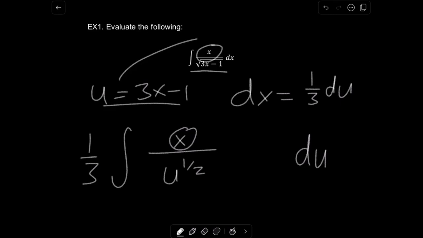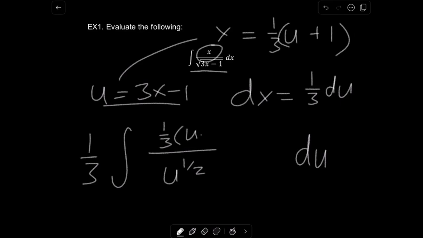If I solve for x, I'm going to find that x is equal to 1 over 3 into u plus 1 over 3. And I can write this as 1 over 3 into u plus 1. So this x on the top is 1 over 3 into u plus 1. There we go. Again, a dreaded coefficient. Let's take that out. So 1 over 3 times 1 over 3 is 1 over 9.